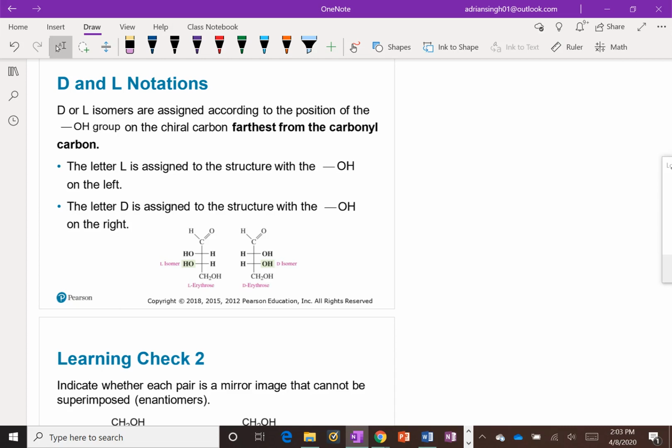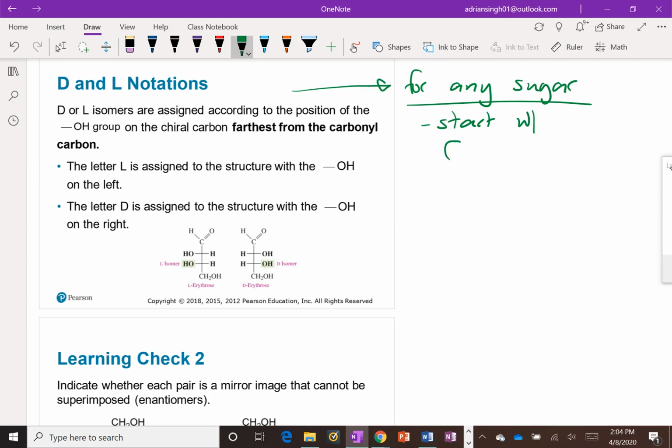And then what we're going to have to do, okay, so for any sugar, we're going to start with the Fischer projection. And we're going to locate the chiral carbon furthest away from the top of the molecule.